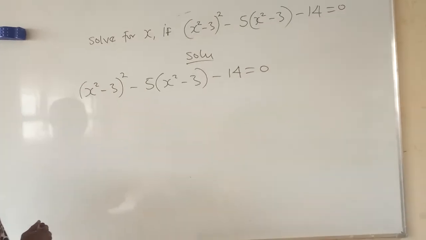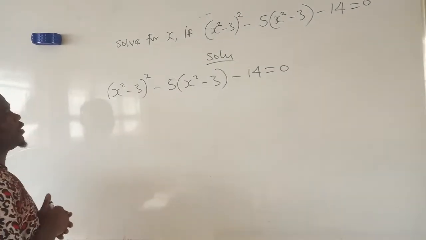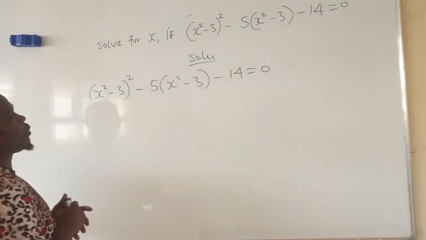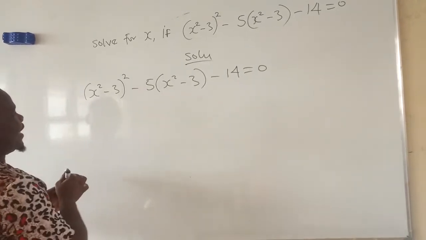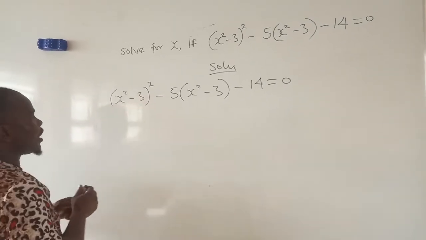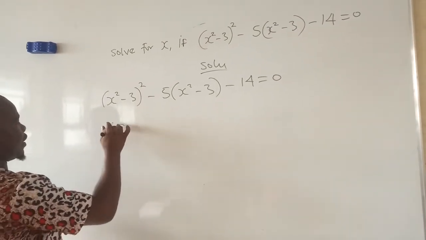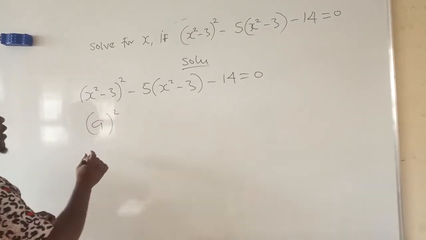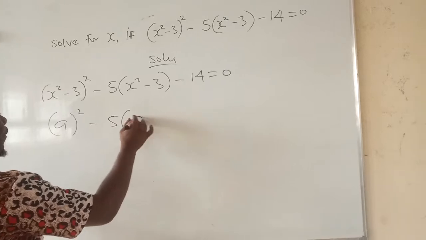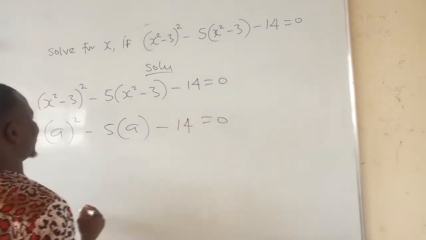How? Look into these two brackets. You know that they are the same thing. It is just like A all squared minus 5 all in A minus 14 equals 0.